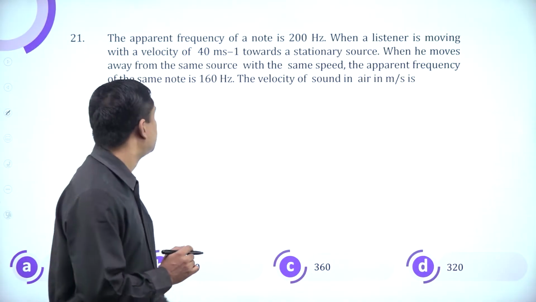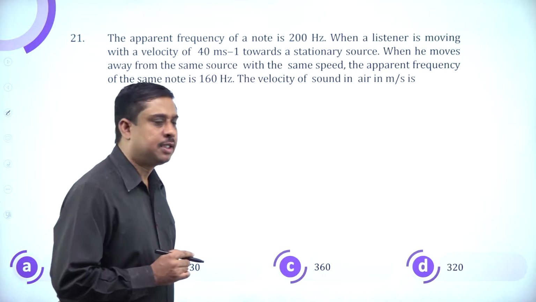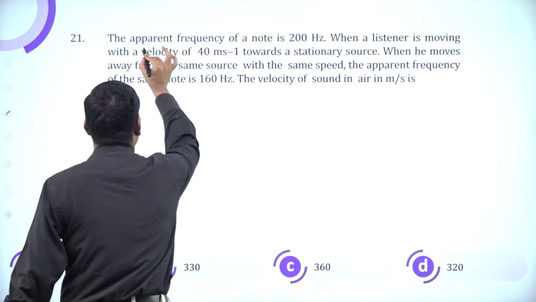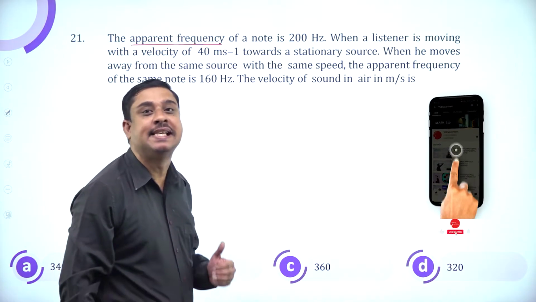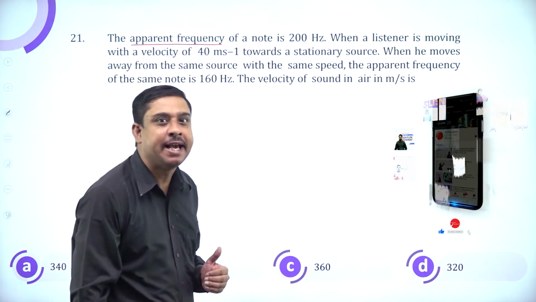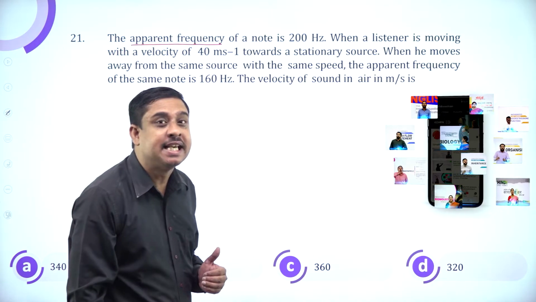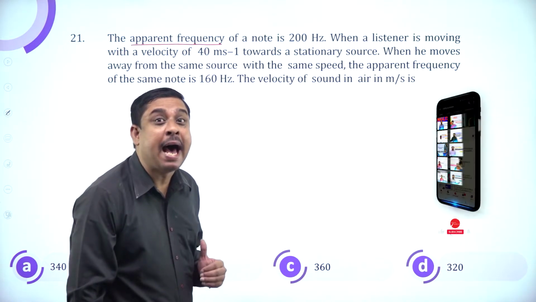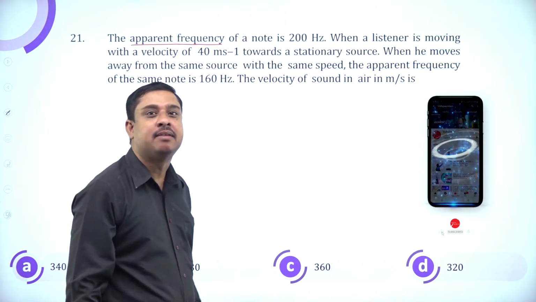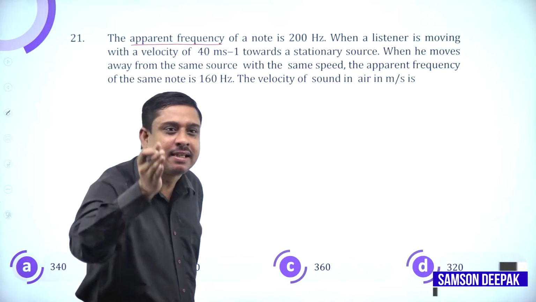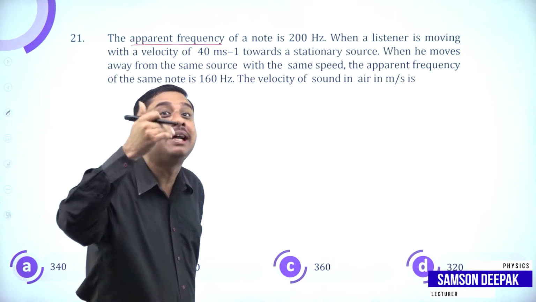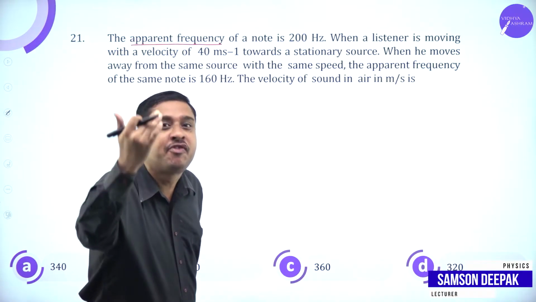The next question, students. The question says, the apparent frequency. ಗಮನಿಸಿ ಅಲ್ಲಿ, ಟ್ರೂ ಫ್ರೀಕ್ವೆನ್ಸಿ ಅಲ್ಲ, ಅಪ್ಯಾರೆಂಟ್ ಫ್ರೀಕ್ವೆನ್ಸಿ. ಅಪ್ಯಾರೆಂಟ್ ಅಂದ್ರೇನು? ನಮಗ್ ಕೇಳಿಸುತ್ತೆ ಆದ್ರೆ ಅದು ನಿಜವಾದದ್ದಲ್ಲ. ಫಾಲ್ಸ್ ಫ್ರೀಕ್ವೆನ್ಸಿ.